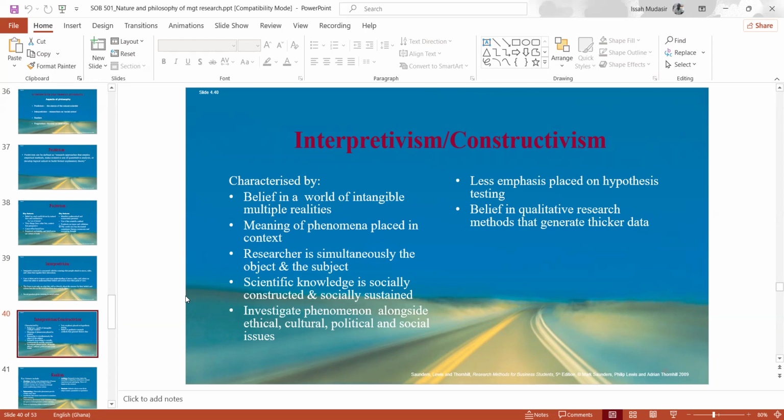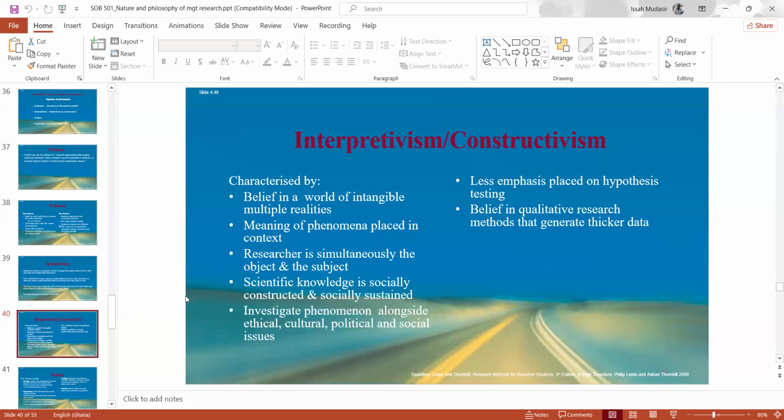Place it in that context. The researcher is simultaneously the object and the subject. In other words, the belief is that the researcher cannot take him or herself from the research process. Your values play a role.